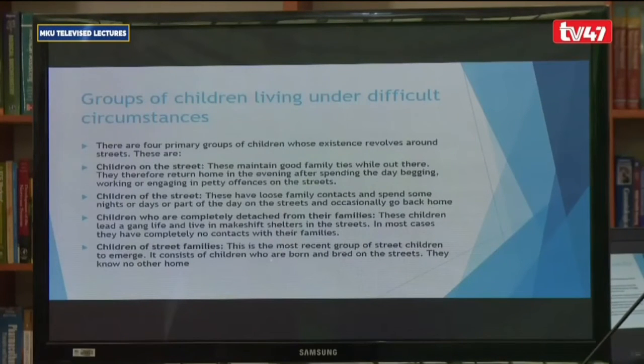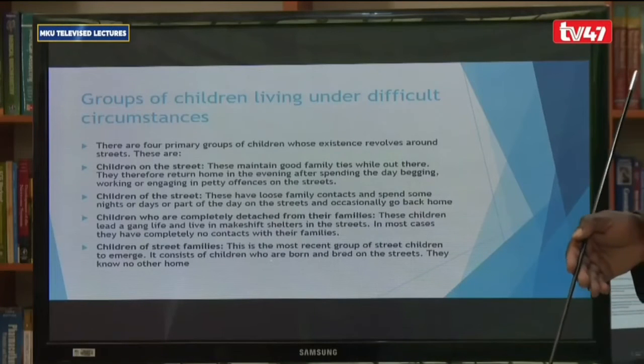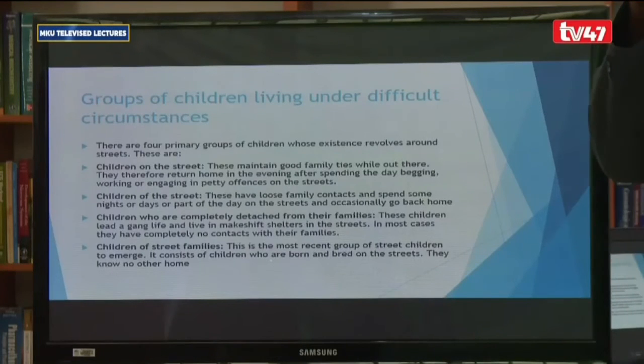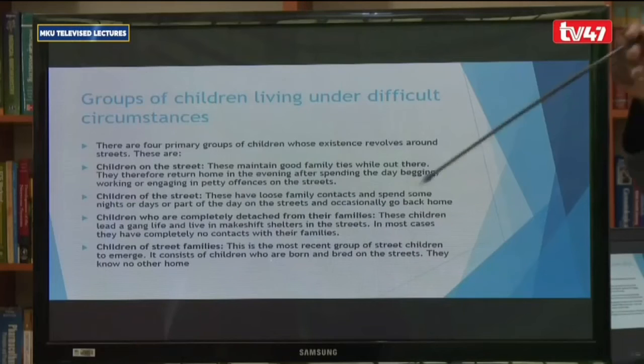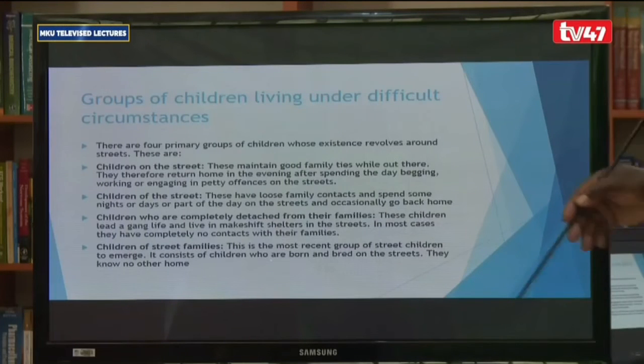These are the children who maintain good family ties while out there. In fact, they leave their homes in the morning, they go to the streets, they loiter in the streets, and they do all sorts of things done in the streets. And then in the evening, they walk back to their parents.